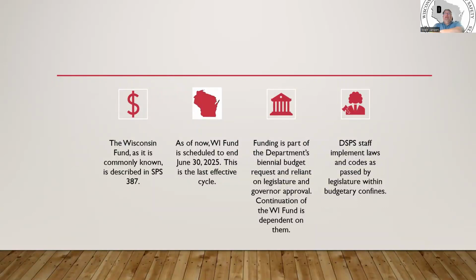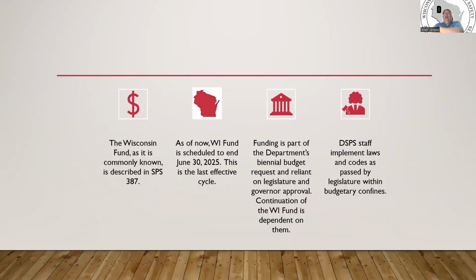As of now, the Wisconsin Fund is scheduled to end on June 30th of 2025. But this is the last effective cycle, because of the way the funding works: 2023 systems are going to be funded in 2024. 2024 systems will not be funded until fall of 2025, but the program ends June 30th. There won't be any money there.